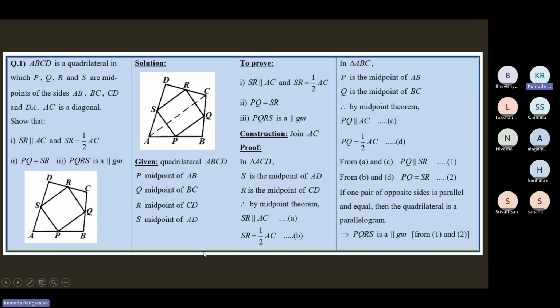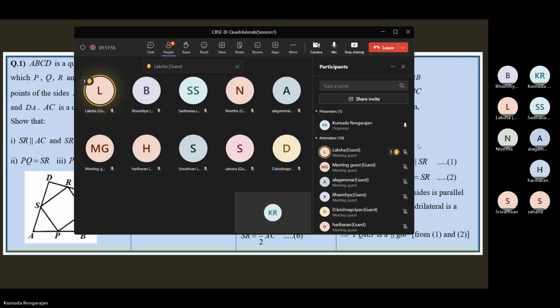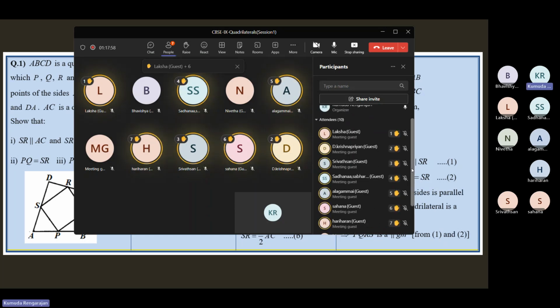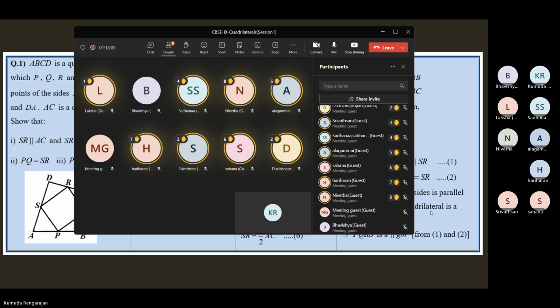I'll just come back in 2 minutes. Please write, children. Again, children, use the emoji. Raise your hand. Lakshana, Krishna Priyan, Srivatsan, Sadhna, Sabarna, Aragamai, Sahana, Hariharan, Niveda. Who's the meeting guest?